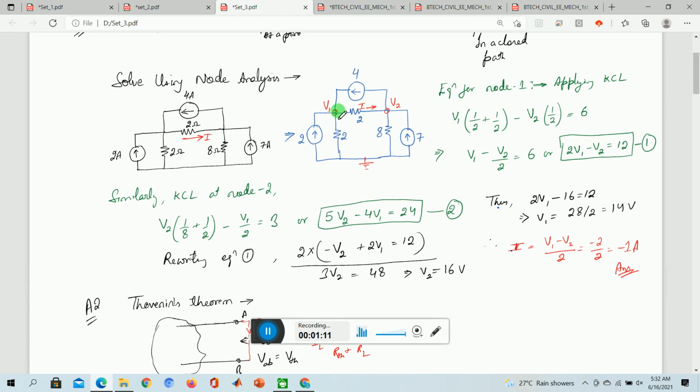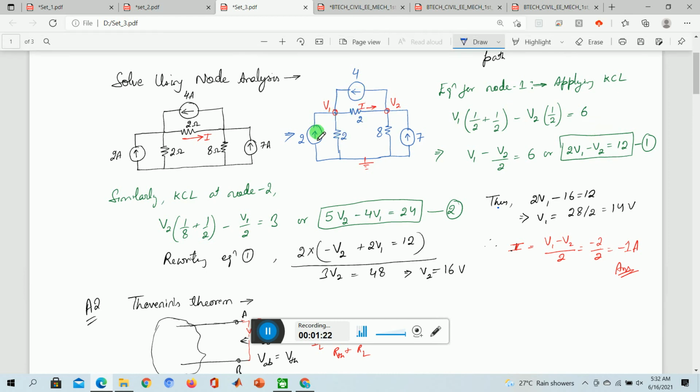When we apply KCL, we can write briefly: V1 times (1/2 + 1/2), all the links connected, and the current, this is 4 and 2, 6. Next is V2. What are the resistances connected? 2 and 8, so 1/8 and 1/2.